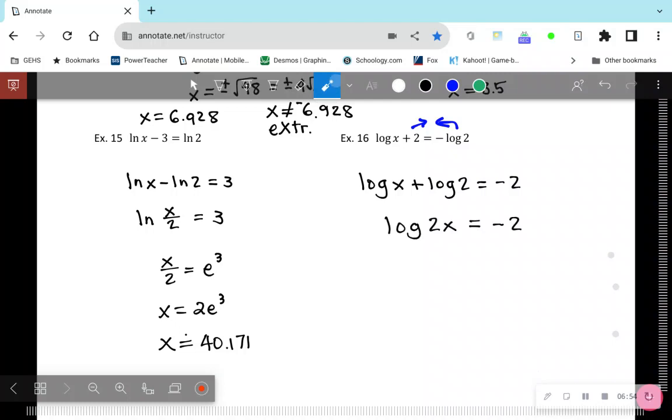And then I'm going to take the base, which happens to be 10 since it's not written. 10 to the negative 2 equals 2x. That'll be the next step. And divide by 2, or I took a half of both sides. And then if you type that in your calculator, you get 0.005. And storing that for x, you can check it by typing the left and typing the right and seeing if they're equal to each other. And that last answer is a legitimate answer as opposed to an extraneous answer.